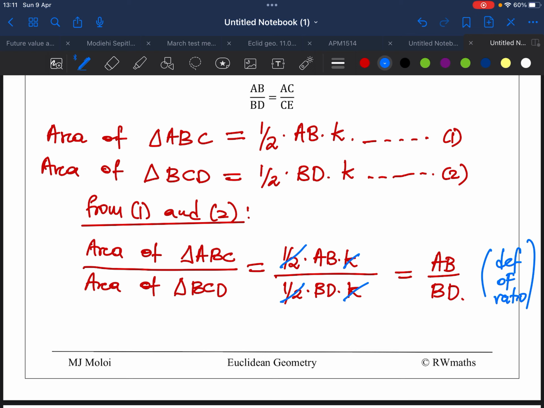So now AB over BD, just the definition of ratio there.